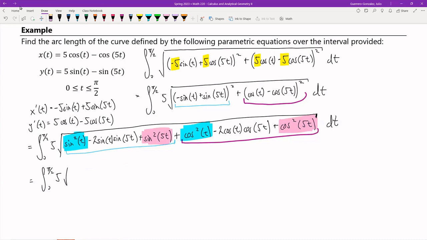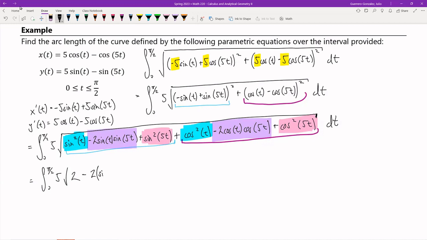let me not put the hat on it yet, 2 minus 2 sine t sine 5t minus 2, and actually let me go ahead and do those two so you guys see this. It's a minus 2 times that and a minus 2 times that. So both of these I'm going to just slap under one big parenthesis.